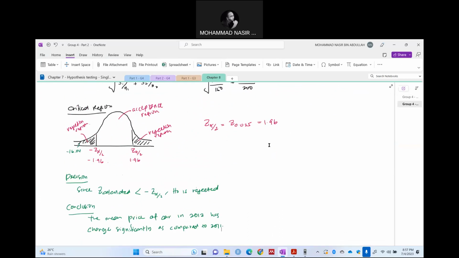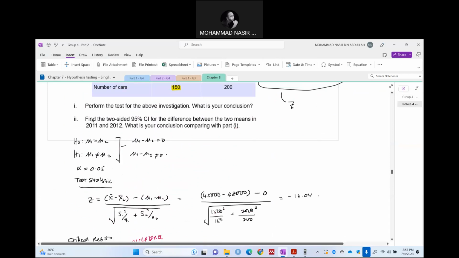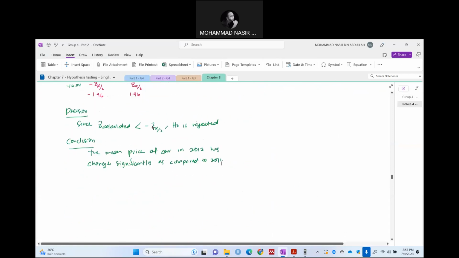Right. So let's look at the second question, which is to find the two-sided 95% confidence interval for the difference between the two means in 2011 and 2012. What is your conclusion compared with part one?